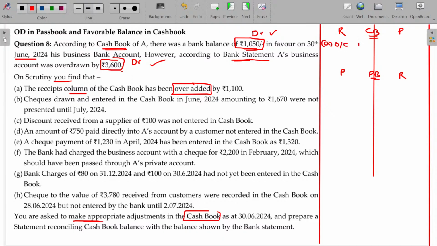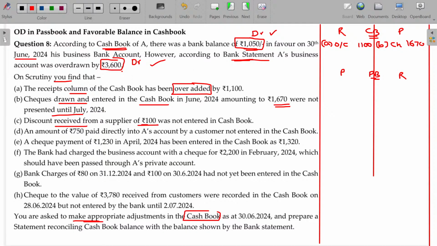How much? 1100. Okay. Check drawn and entered in the cash book in June 2024 amounting 1,670 were not presented until July. Check drawn. So we have drawn on somebody else. Otherwise, check payment 1,670 but not posted in the passbook.